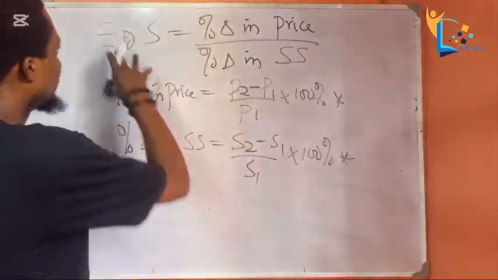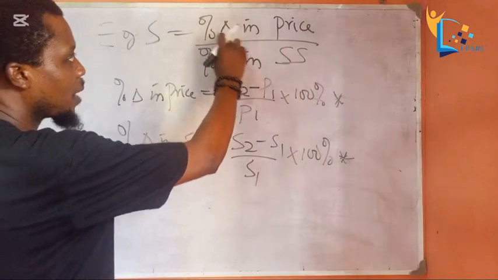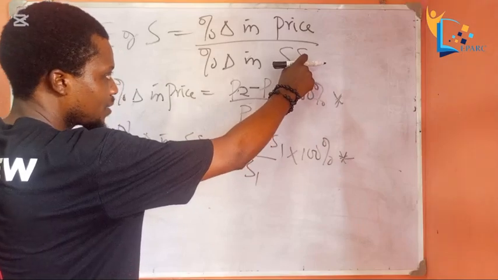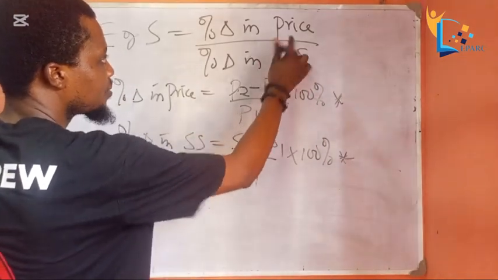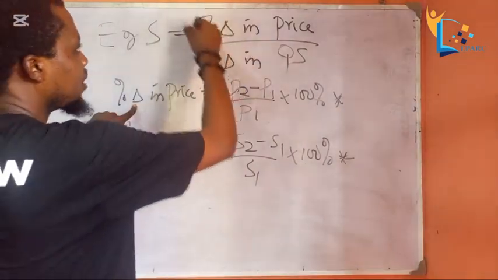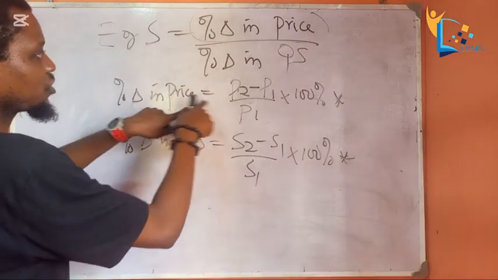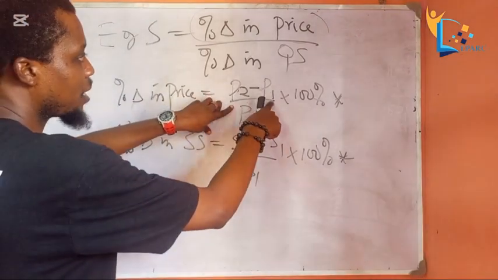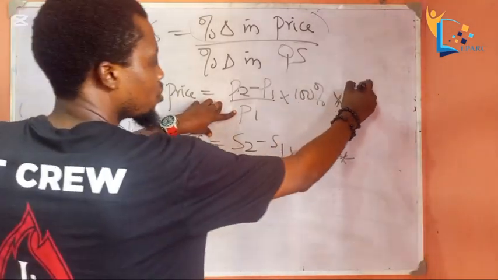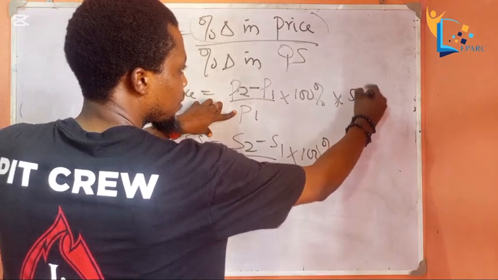Let me come again. Elasticity of supply, this is the formula: percentage change in price divided by percentage change in quantity supplied. Percentage change in price is P2 minus P1 all over P1 times 100%. Let's say your answer here is 50%, for instance.